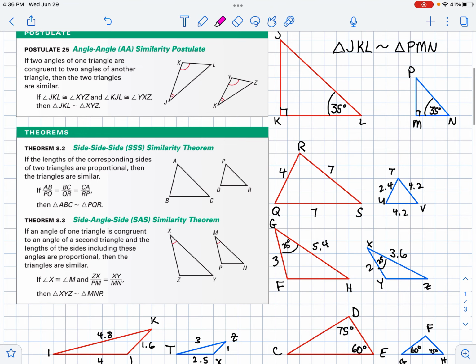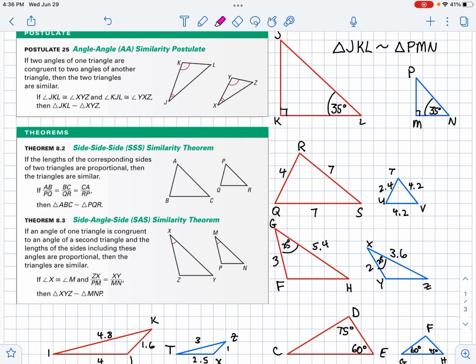Now we also have the side similarity theorem. Don't get this confused with side for congruence, because in side for congruence, we said if each side was congruent to its corresponding side, then the angles were congruent. We're not saying that the sides are congruent.